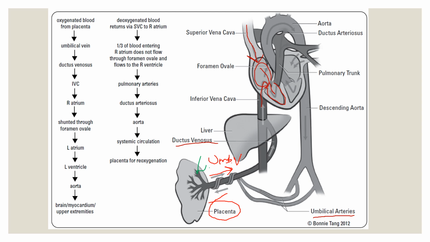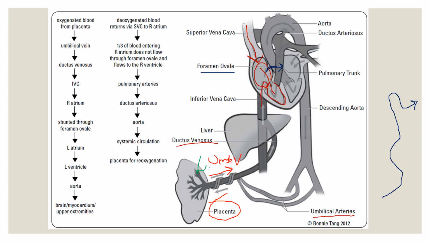Now there is a major difference here as well, because the atria are connected with each other by a foramen ovale. Most of the oxygenated blood, from the umbilical vein via the ductus venosus, is getting into the IVC, going into the right atrium, and it is directed in such a way that most of the oxygenated blood will get shunted to the left atrium.